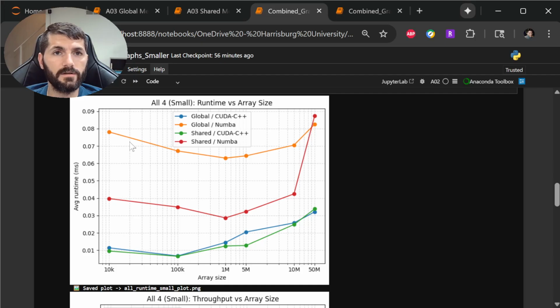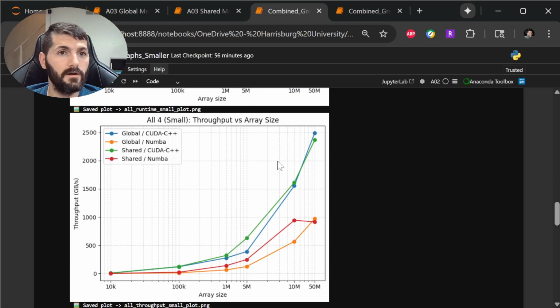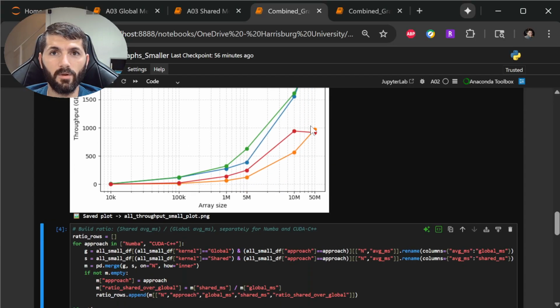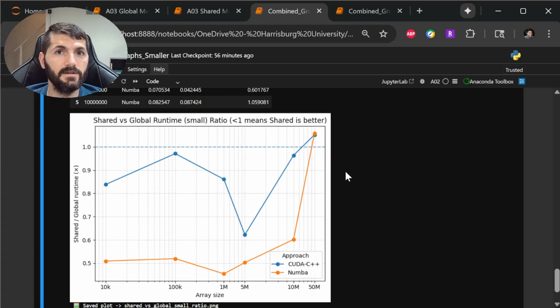So you can see for smaller ones, that longest time is that global for NUMBA, then you get shared NUMBA, and then fairly little bit more consistency for global versus shared from CUDA C++. Very small run times, and then the throughput, which you can see just skyrockets with the CUDA C++ for smaller sizes.